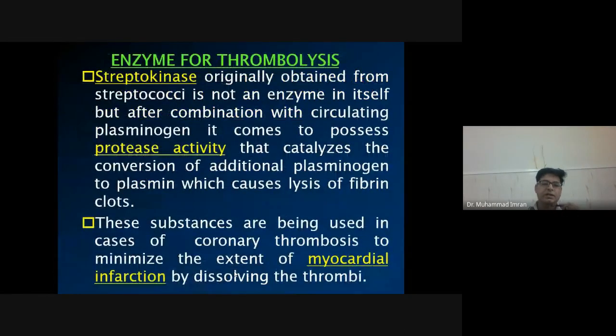And streptokinase is used to hydrolyze the thrombus present in our heart veins, which can cause heart diseases. So streptokinase has protease activity, which is used in myocardial infarction to dissolve the thrombus.